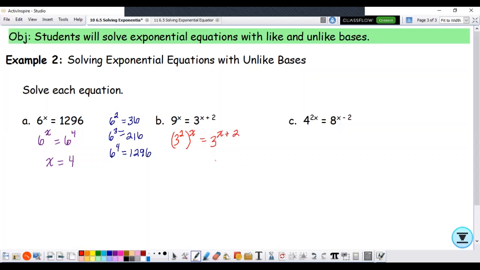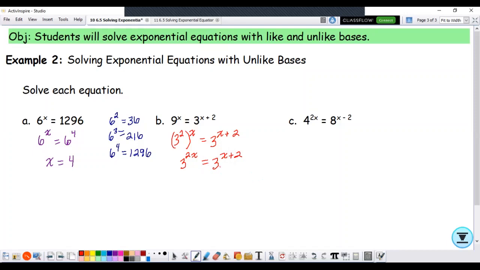And then if we remember our properties of exponents, when I have a power to a power, I can multiply my exponents, and I can write this actually as 3 to the power of 2x equals 3 to the x plus 2.